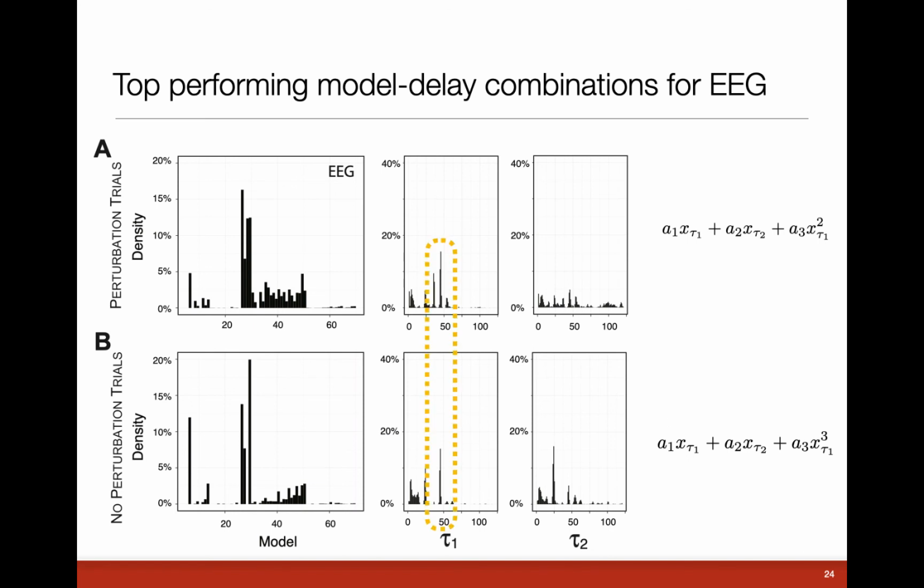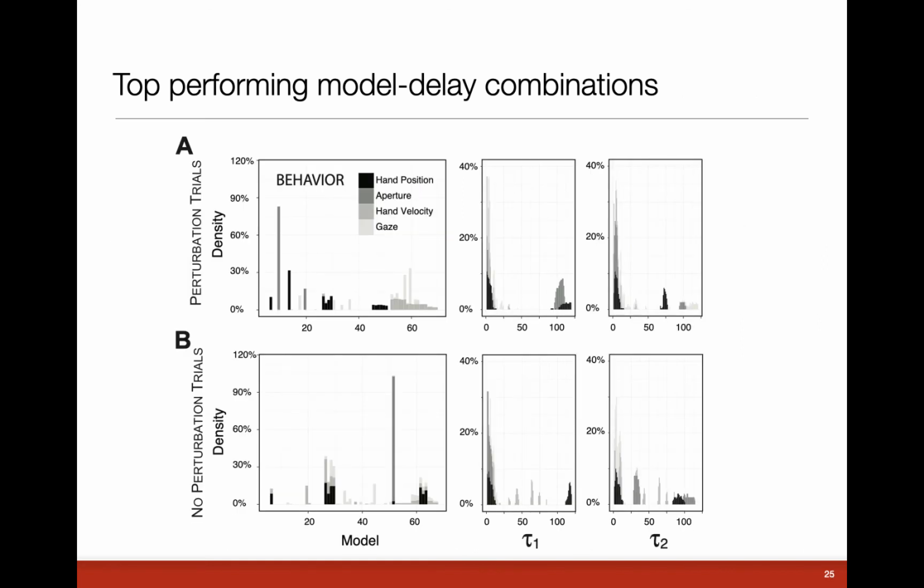The top delay was 45 time steps, while differences in distribution in the second delay suggest differences in the temporal scales that more robustly separate the two classes. The top-performing models and delays are significantly different across behavioral measures and also experimental paradigms, suggesting distinct dynamics and temporal scales in perturbation versus no perturbation trials.